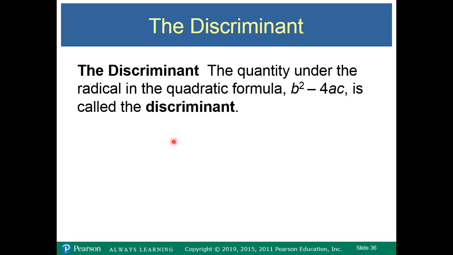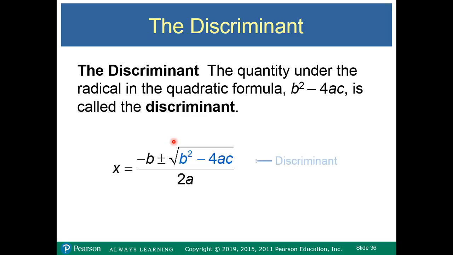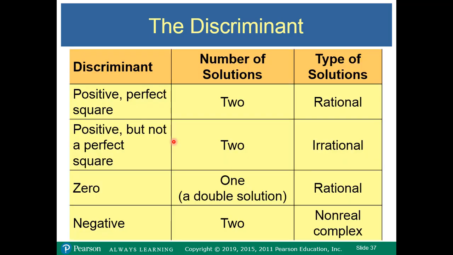Okay, so there'll either be 2, 1, or no real solutions. And if there's no real solutions, then we have complex, right? But we'll get to that. So that's the discriminant, under the radical, that whole thing.